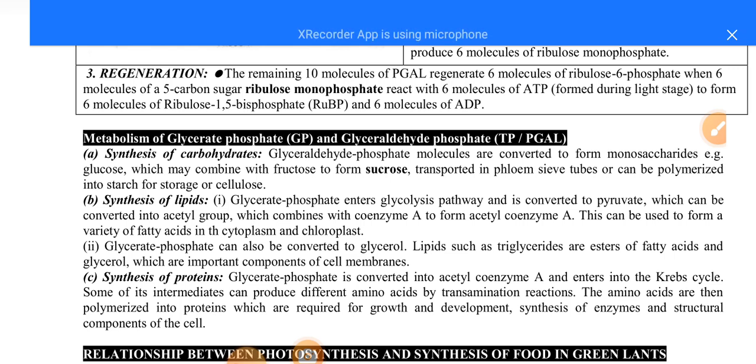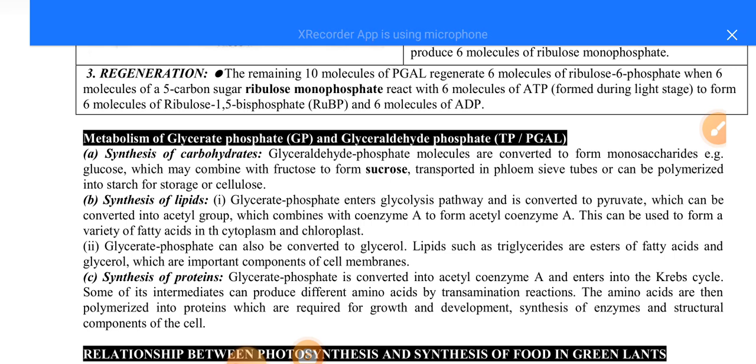Then B, synthesis of lipids. The glycerate phosphate enters the glycolysis pathway and is converted to pyruvate, which can be converted into the acyl group, which combines with coenzyme A to form acyl coenzyme A. This can be used to form a variety of fatty acids in the cytoplasm and the chloroplasts.